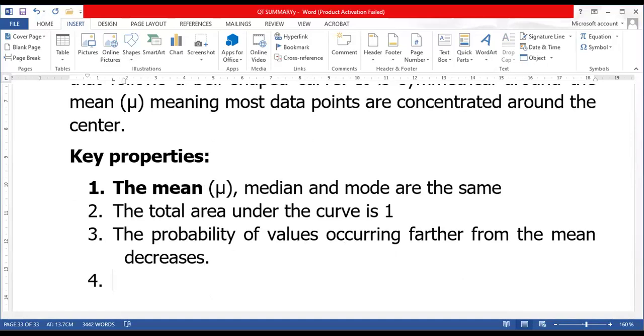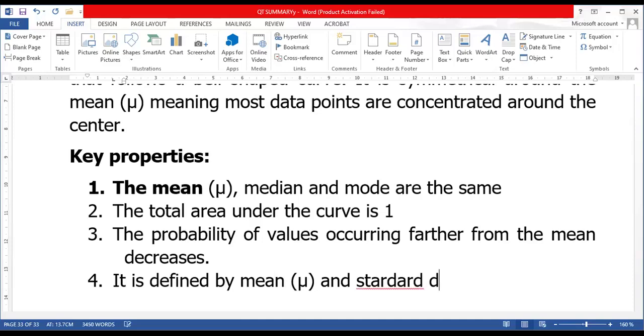Then maybe the last one we can say is that it is defined by the mean and the standard deviation. That is also something that you need to know.